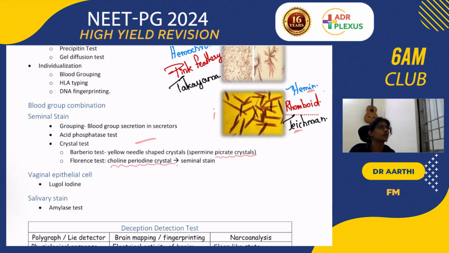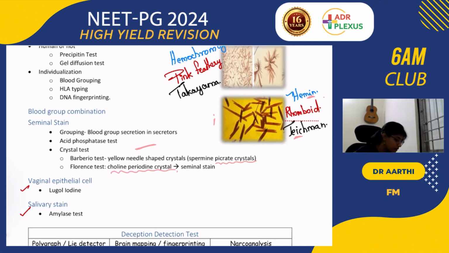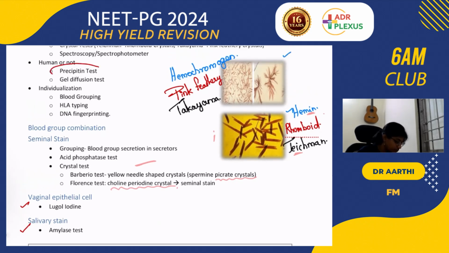Again, I'll share this document, revise through it. Other important points that they have asked: these are vaginal epithelial cells. What will you use to see it? You will use Lugol's iodine. For salivary stain, you use amylase. And to detect whether it's human blood or not human blood, you use the precipitin test.